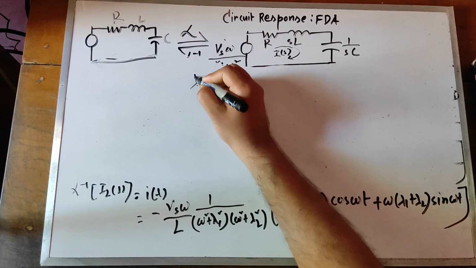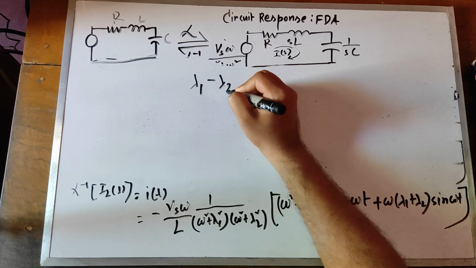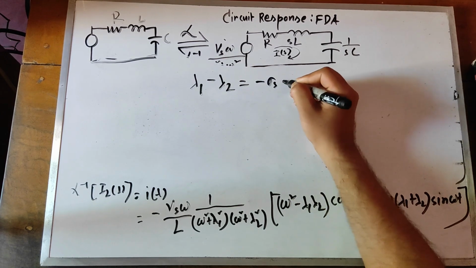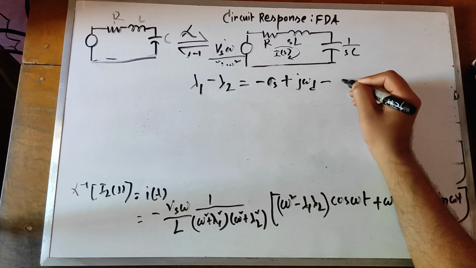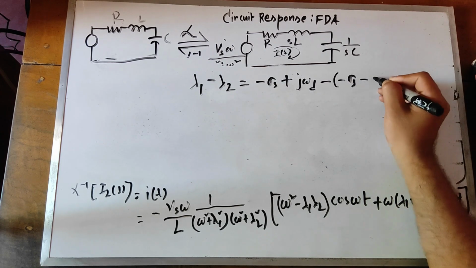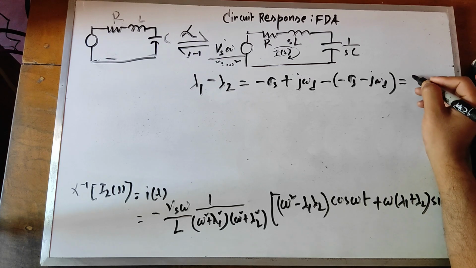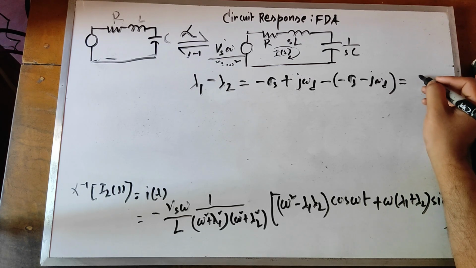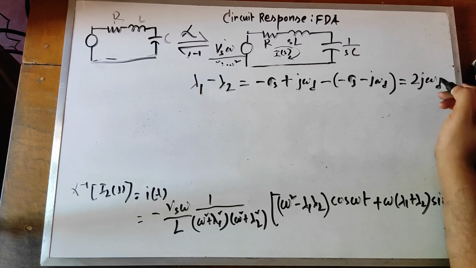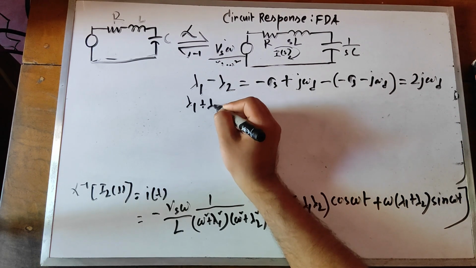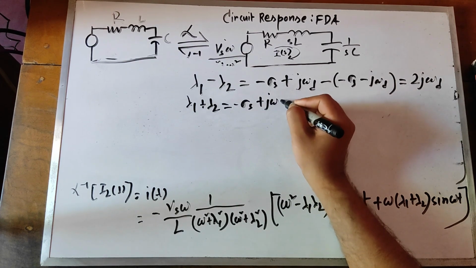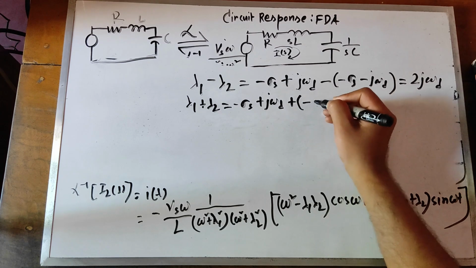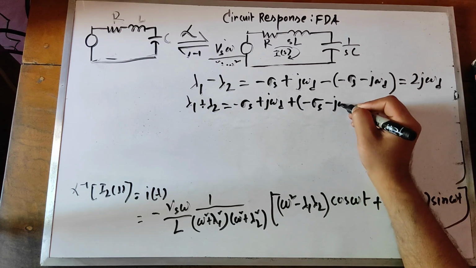So let us first find lambda 1 minus lambda 2. This will give sigma s, so this is the damping coefficient for the series RLC circuit, plus j omega d minus minus sigma s minus j omega d. This will give me 2 j omega d, and lambda 1 plus lambda 2 will give me sigma s minus plus j omega d plus minus sigma s minus j omega d.